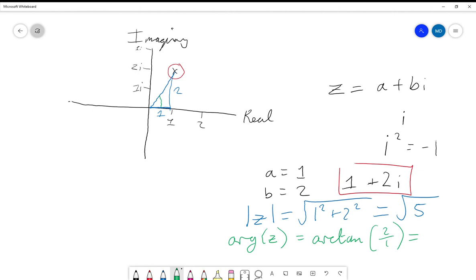Approximately 60 odd degrees, which is 1.107 radians. Okay, that's a quick recap on complex numbers and how they work.